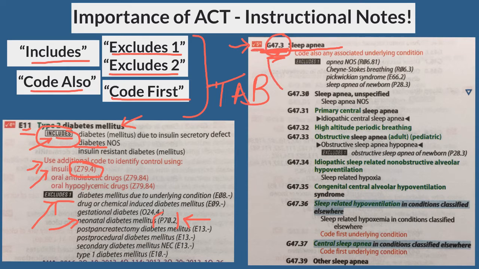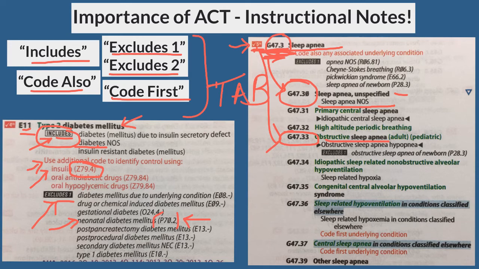So here we go, looking underneath G47.3 and pulling anything that is specified. If you just had sleep apnea, not otherwise specified or unspecified, this would be the correct code. Or if it was obstructive sleep apnea, this would be the correct code. Again, we've got the reminder here, this is not valid. We must find a 5th character that matches up to our documentation.